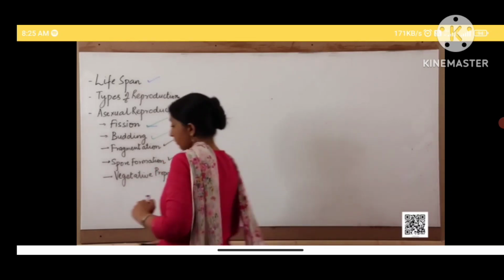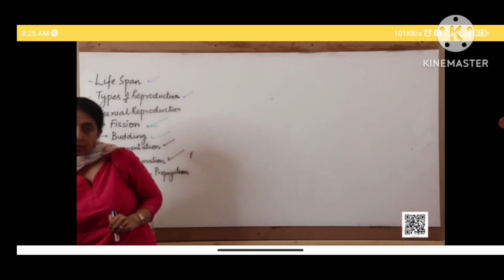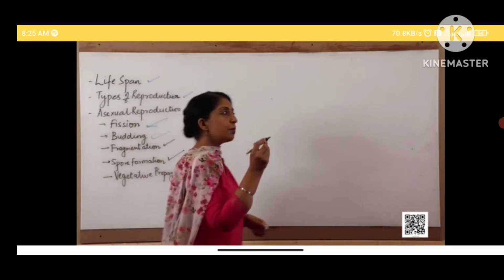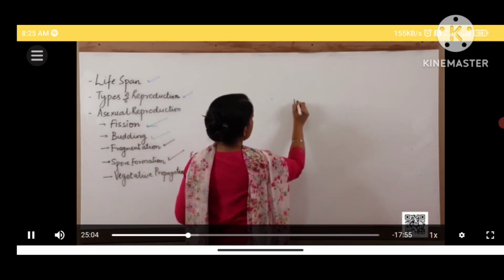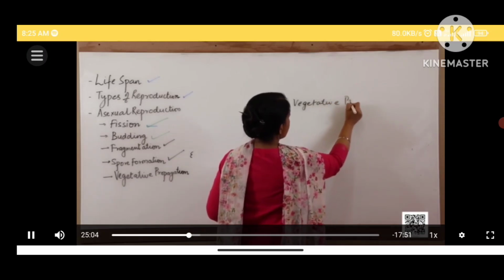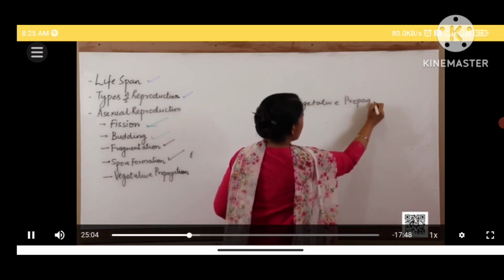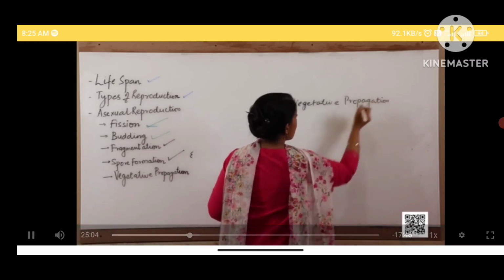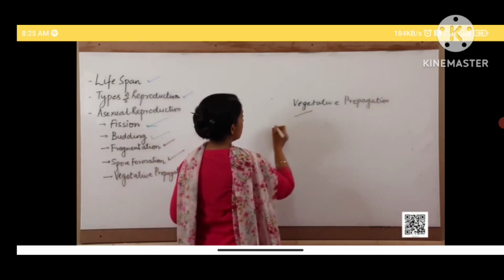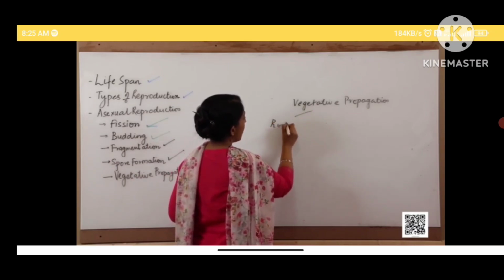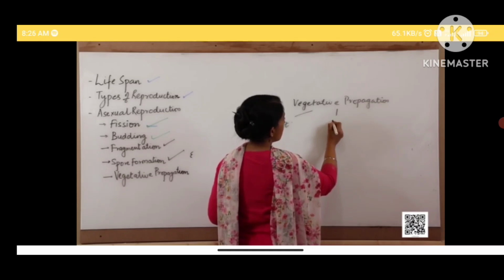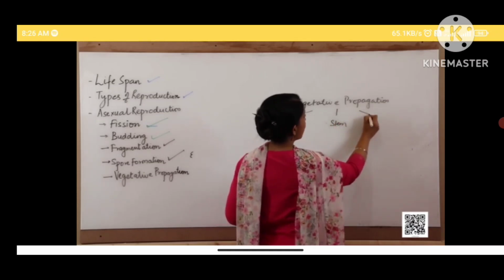As we discussed earlier, vegetative propagation is a process in which a plant part, a fragment or a portion of the plant part, acts as a propagule. Now this portion can be either a part from the root of the plant, it can be from the stem, or it can be from the leaves.